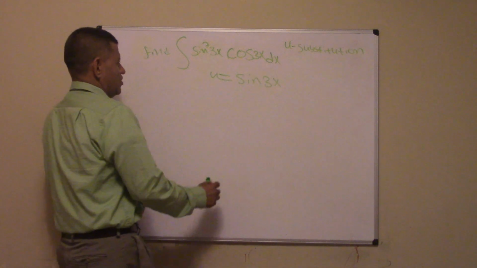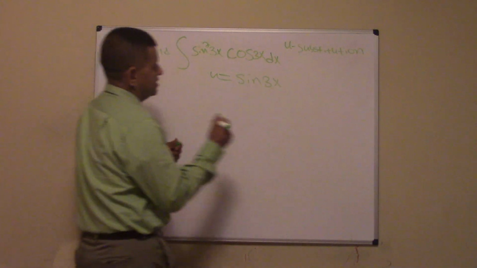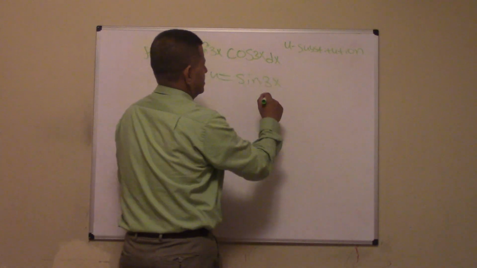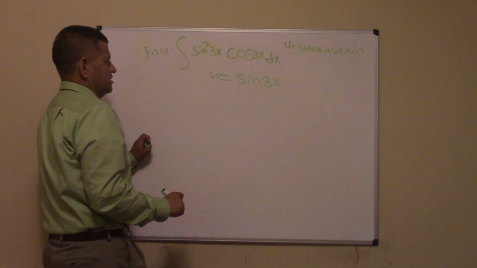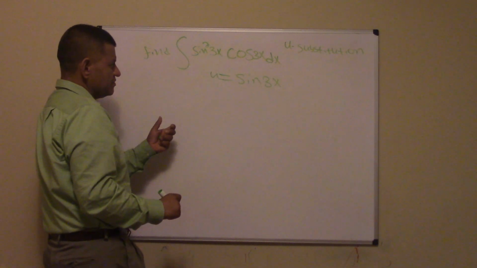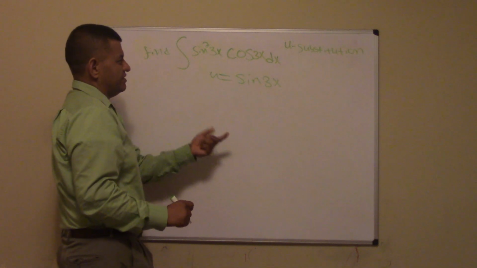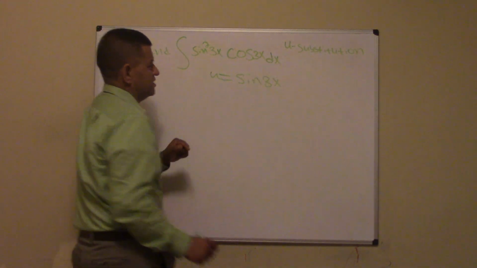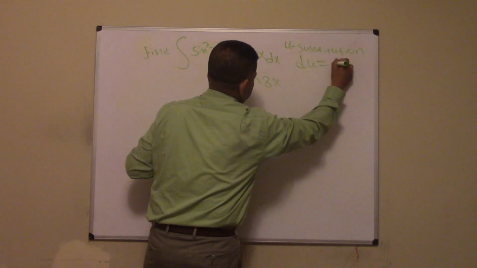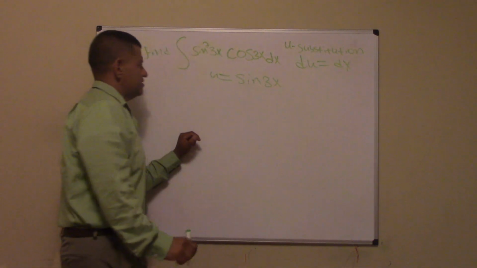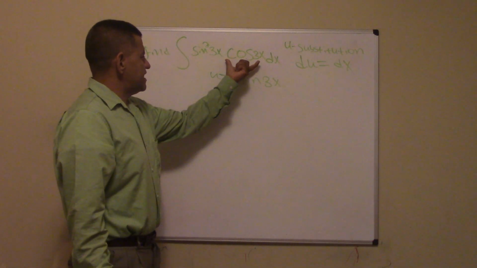Then we want to use the U-substitution, so we have to take the derivative in order to get this dx, right? So we want to get du.